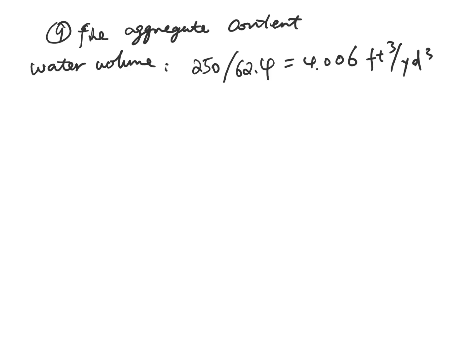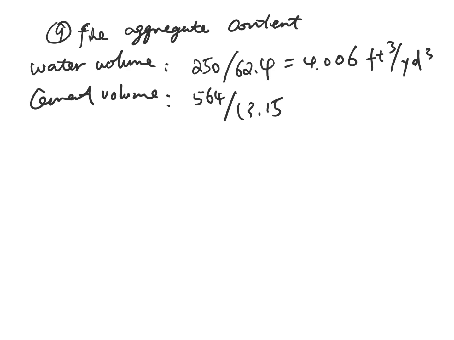And then we need to calculate the volume of cement. So the volume of cement is the weight of cement per cubic yard of concrete, which is 564, divided by the unit weight of cement. So we know the specific gravity of cement is 3.15.